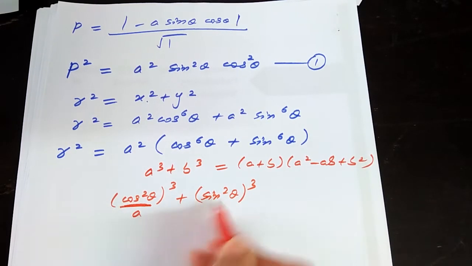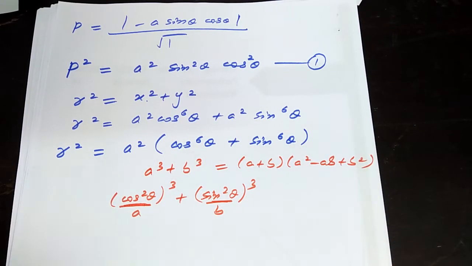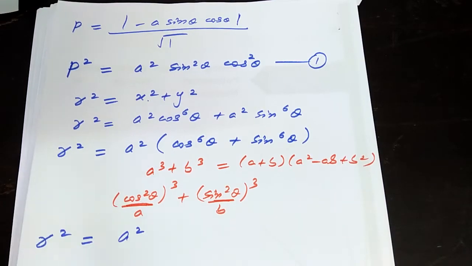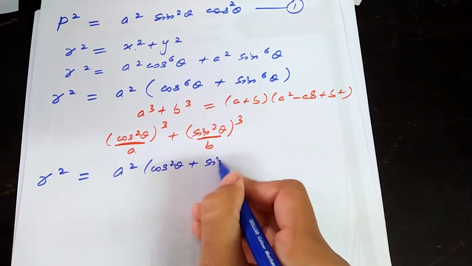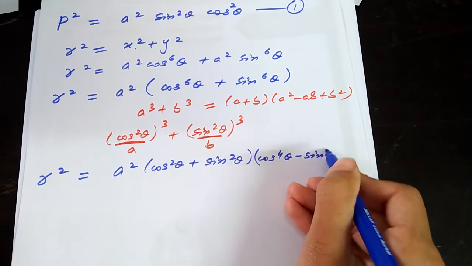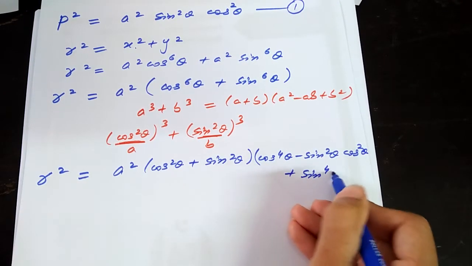Put the values here and after using this formula, we will get r square is equals to a square times cos square of theta plus sine square of theta into cos 4 of theta minus sine square of theta cos square of theta plus sine 4 of theta.